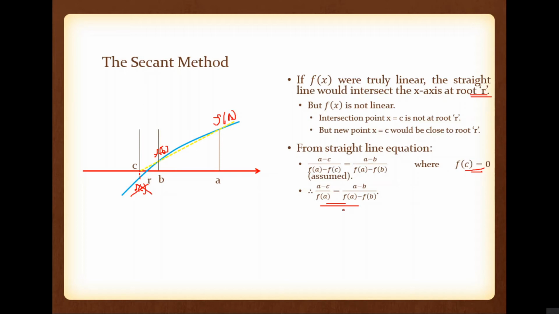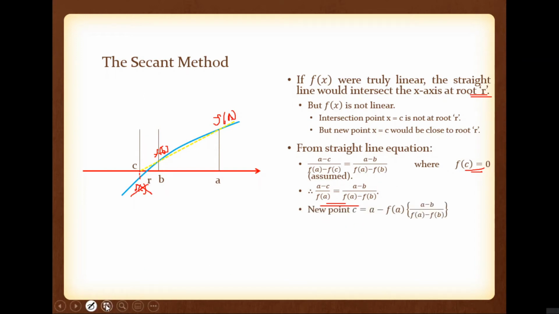Is it okay? So now, by rearranging this equation, you can find c. Please go through this equation. You can see that c is the new point that is unknown to us. But except c, we know all other terms. We know a, that is the initial condition. We know f of a. We know b. We know f of b. So by using the remaining terms, we can find c.